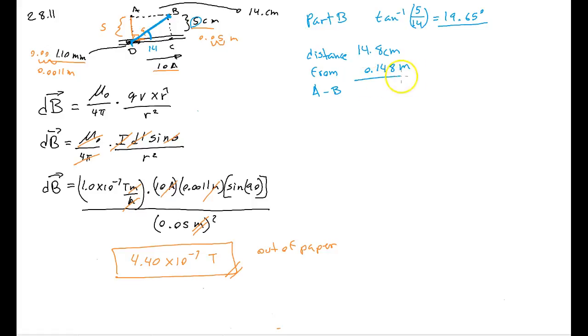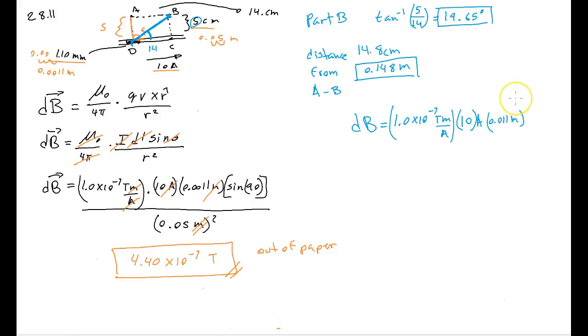Okay, so if we plug in these values onto the formula dB, 1.0 times 10 to the negative 7 Tesla meters per amp, and 10 amps because we're still running 10 amps, and 0.0011 meters for the dL, which is the distance of the segment.